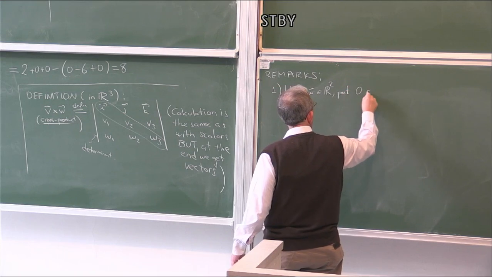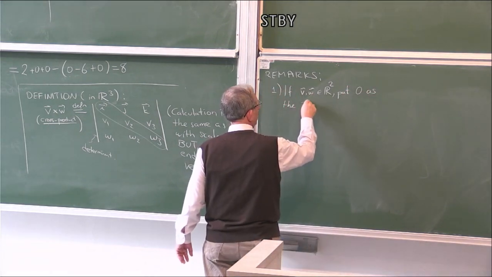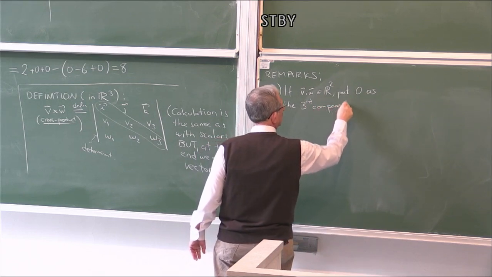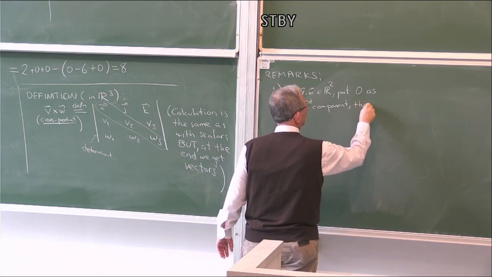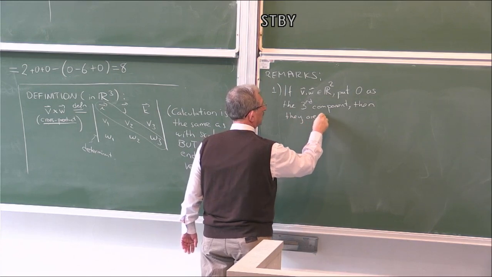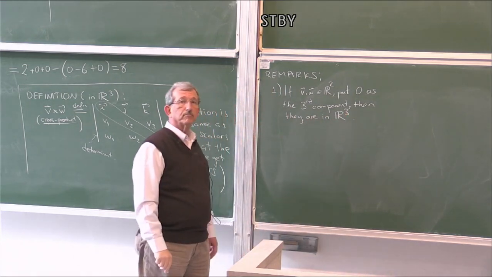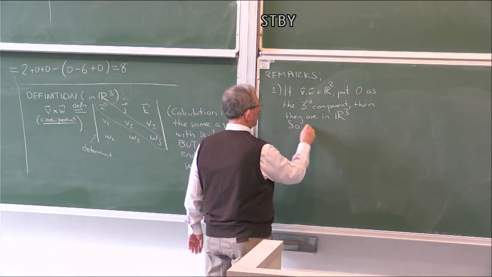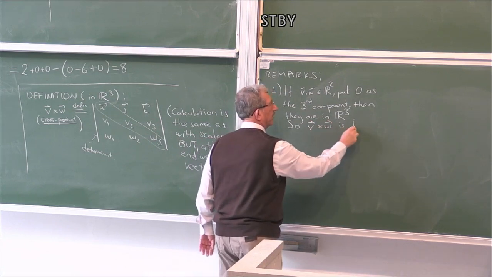Put 0 as the third component, then they are in R3, and their cross product is defined.